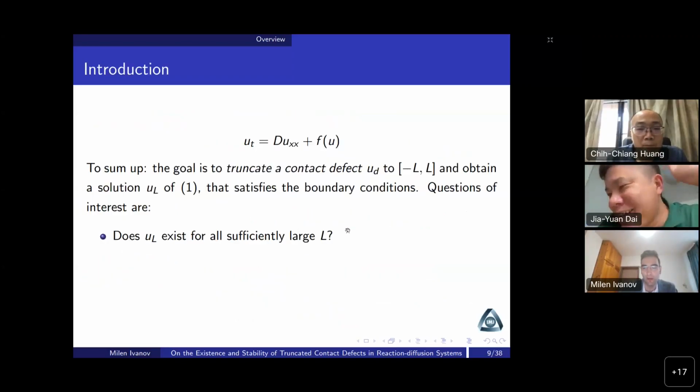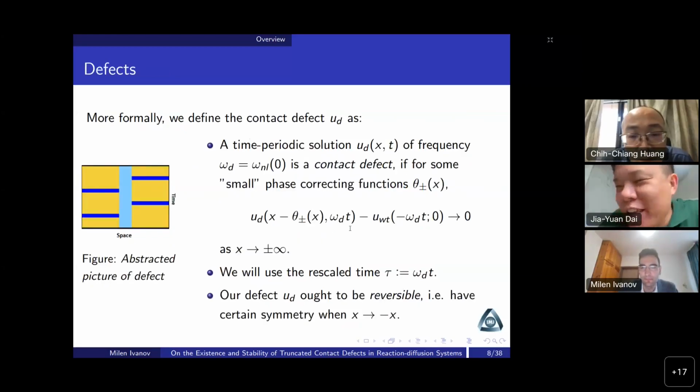Hi, Milen. Yeah, Milen, please. Can I ask a question here? You said the phase correcting function is like an asymptotic logarithm, right? Yes. And this is very interesting. Do you know why? Because you have some linear spectral structure in the far field. Why? I can't relate it directly.